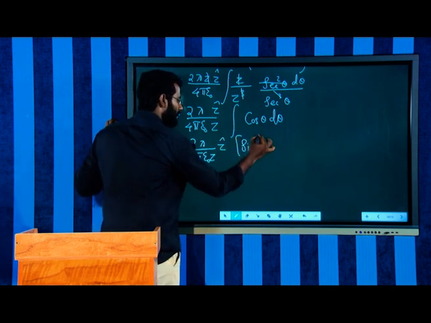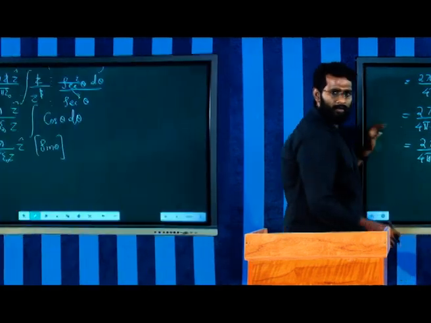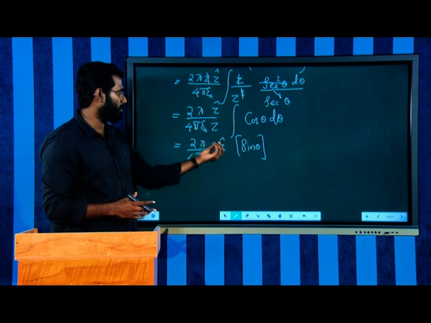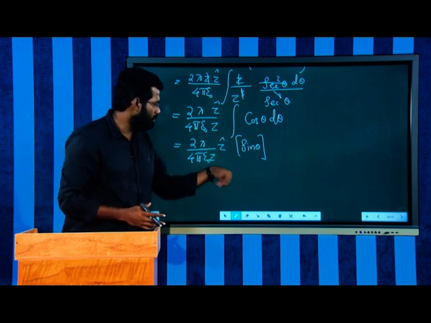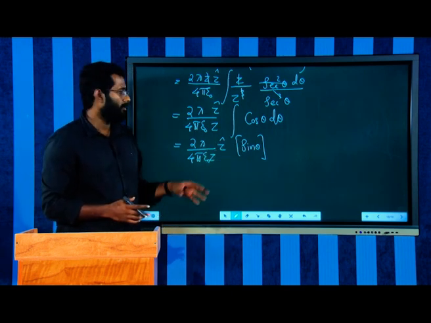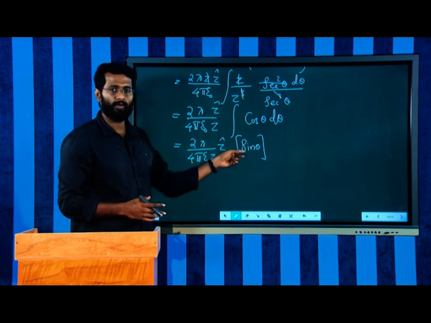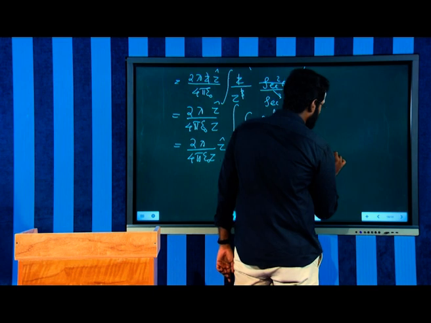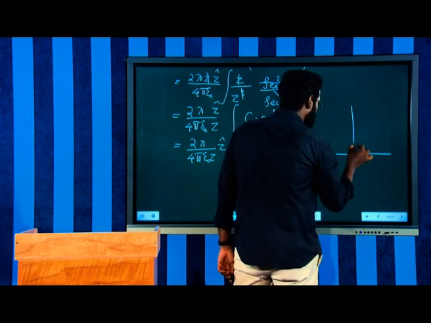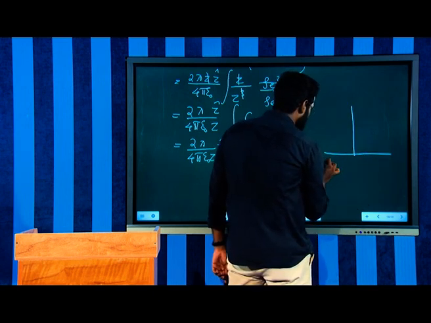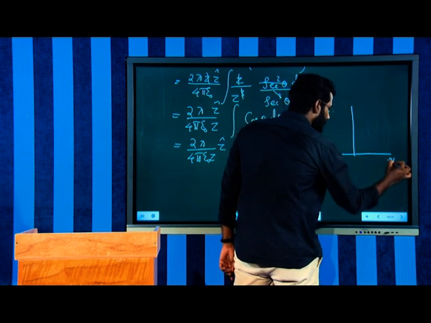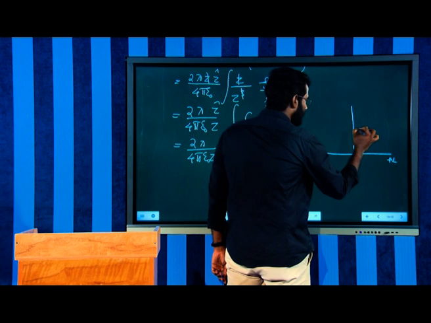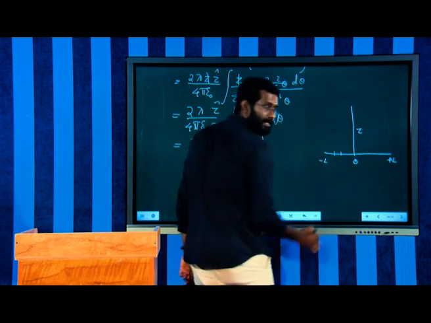Now, sin theta has a certain limit. We integrated it, now we have to substitute the limit. We are not substituting the limit in terms of theta, but we can resubstitute for theta from the earlier figure. The figure was something like this, that is we had some minus L to plus L, that means a total length of 2L, this was the origin and this was our Z, and we considered a dx here.